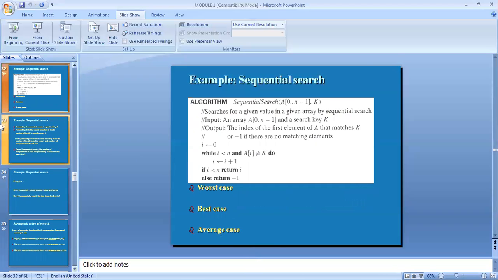That depends on whether the input is found in the list or not found in the list.